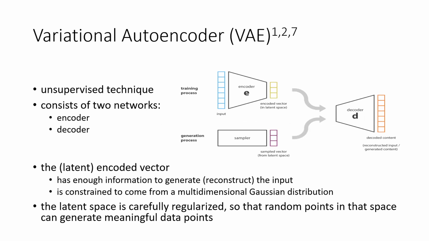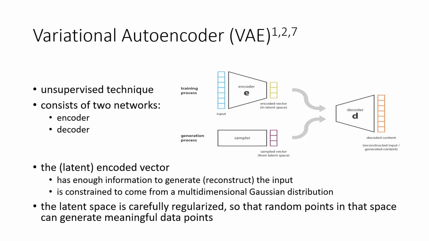So the variational autoencoder is an unsupervised technique, and consists of two networks, the encoder and the decoder. Now, the generative model is actually only the decoder part. The decoder takes some random input, a random vector.